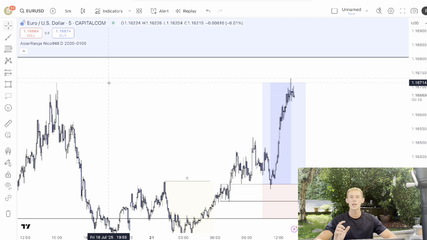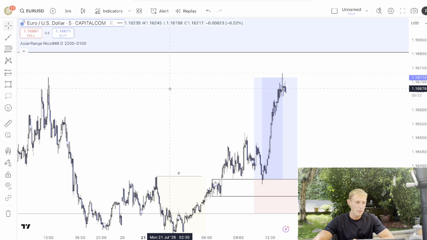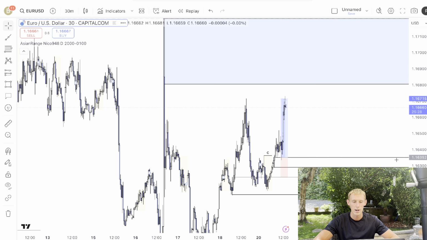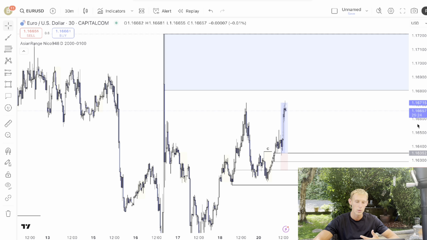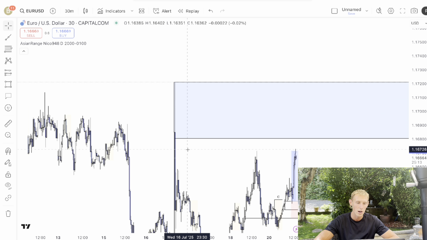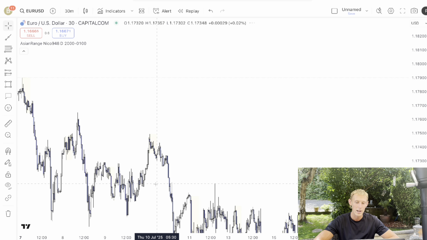And this is one of the things that I always try to emphasize as well, is the importance of using a mechanical TP rule, because one thing I personally found in the past is that if you have a more discretionary TP approach, you often get confused, and this can lead to a lot of mistakes. So for example, if you had a discretionary TP, you could target this high, you could target this area of supply that I've marked up here, you could target this wick, you could target the imbalance just above it.